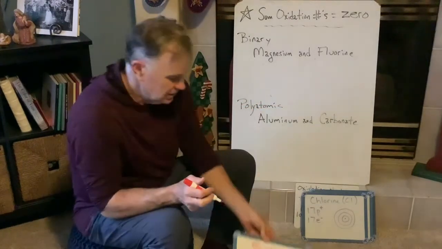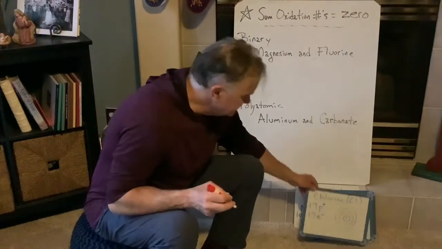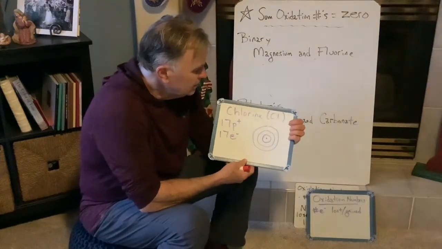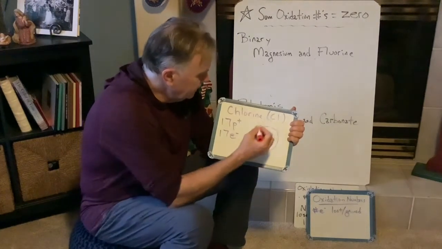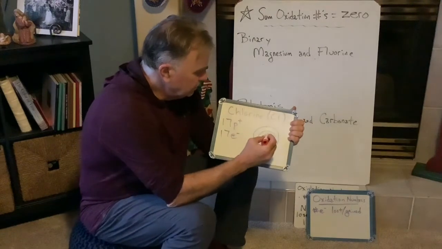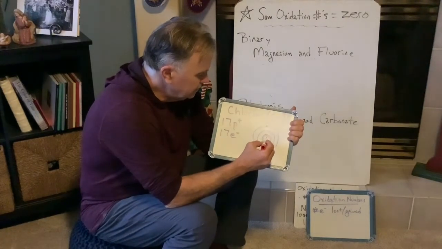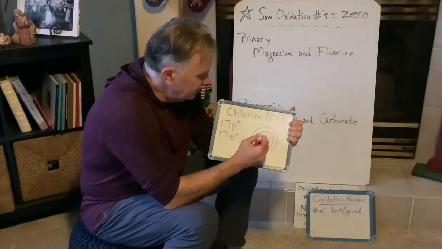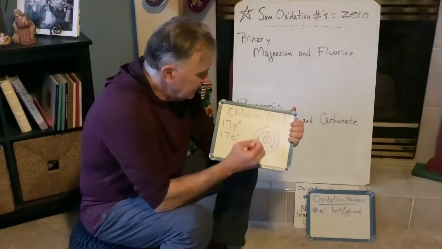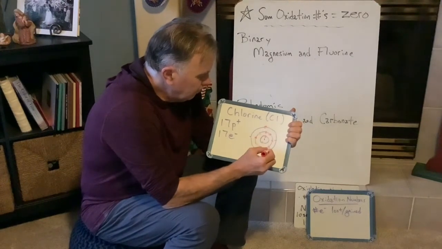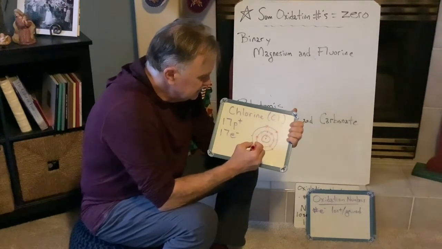Now contrast that with chlorine, which sodium will combine with. Chlorine has 17 protons and 17 electrons. So we fill those in: 1, 2, 3, 4, 5, 6, 7, 8, 9, 10, then 7 more: 1, 2, 3, 4, 5, 6, 7.